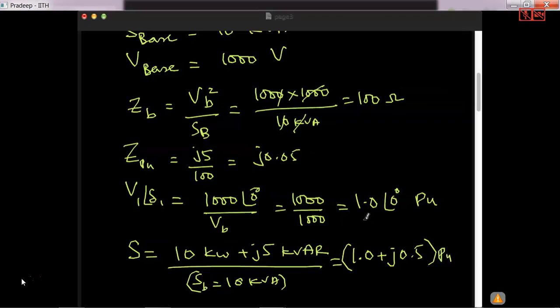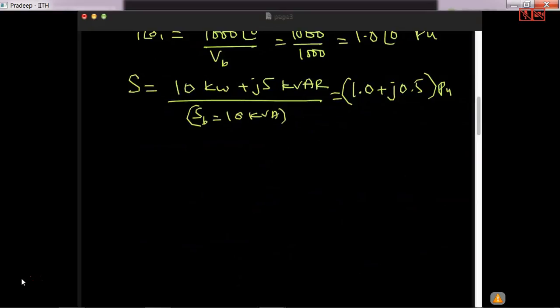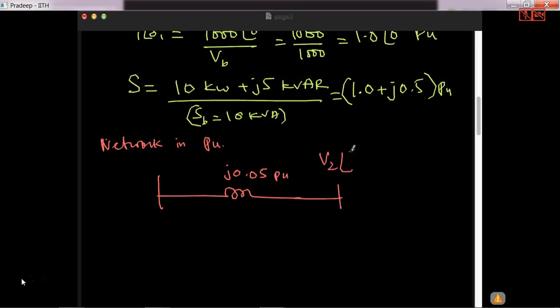So now let me draw the diagram in per unit. Network in per unit. So what do I get? J 0.05 per unit. V2 delta 2, these are unknowns.